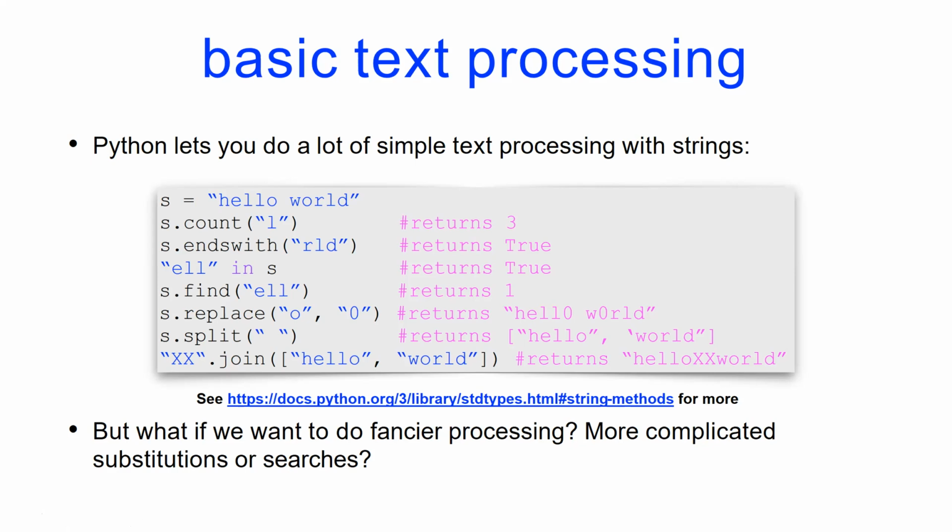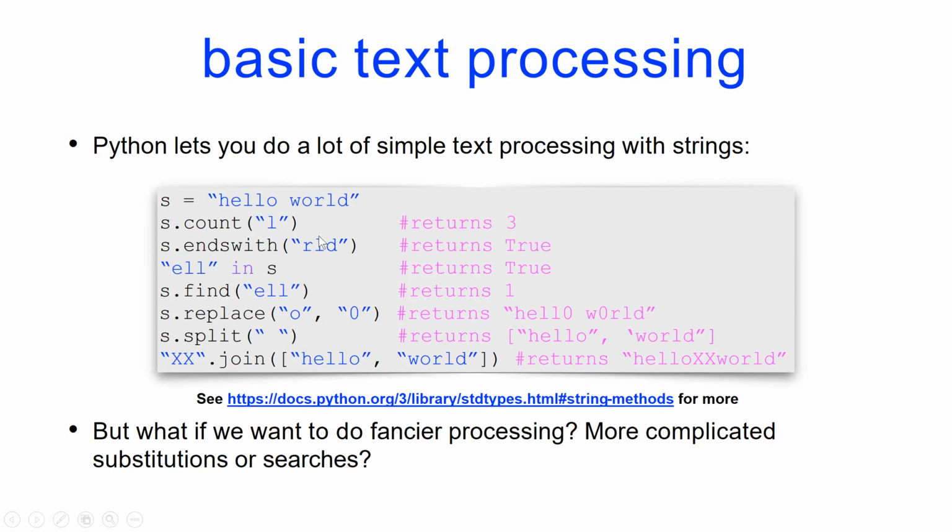Without even using regular expressions, Python already has a lot of very basic, simple text processing functions. For example, if we have a string called hello world, we can count the number of characters in this string.